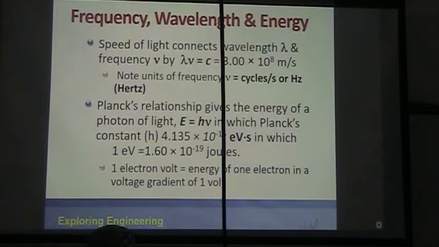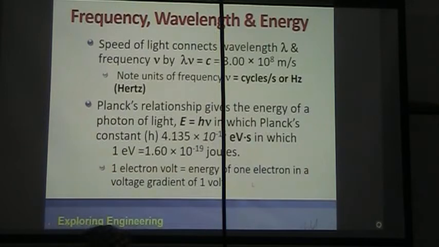One electron volt is 1.60 times 10 to the negative 19th joules. So an electron volt is the energy of one electron in a voltage gradient of one volt.